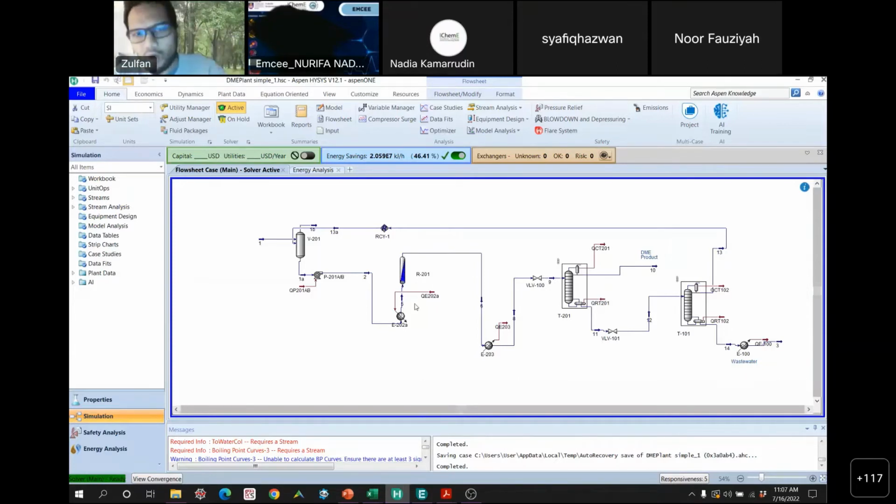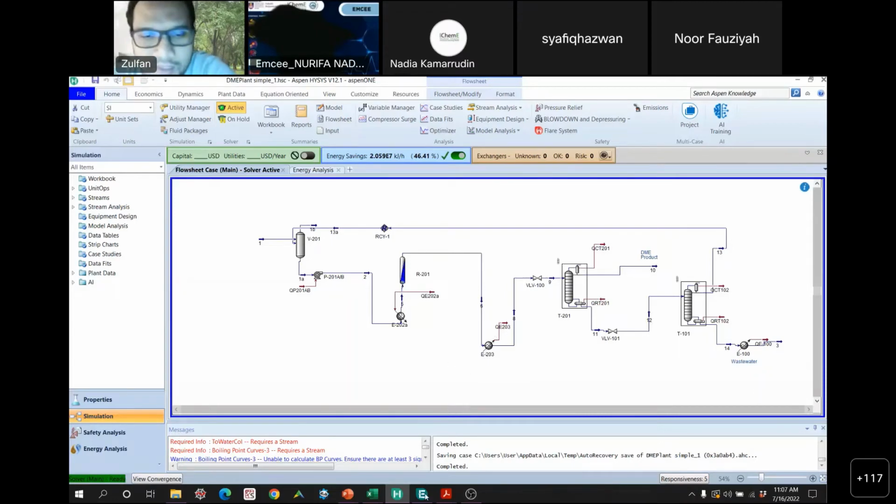Once we know which streams are hot and cold, we can extract the data. We know the flow rate over here, and we know the in and out temperatures, so that you know to which extent you want to increase or decrease the temperature, depending on which stream you're talking about. You get that data, and then you can put it into many different forms and many different tools.